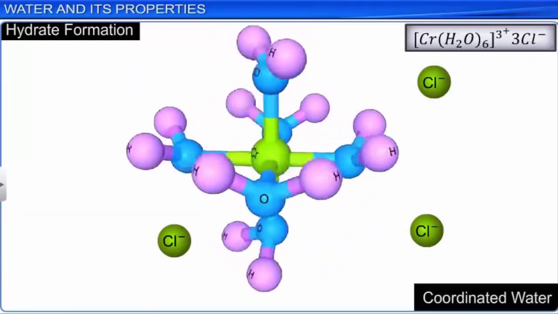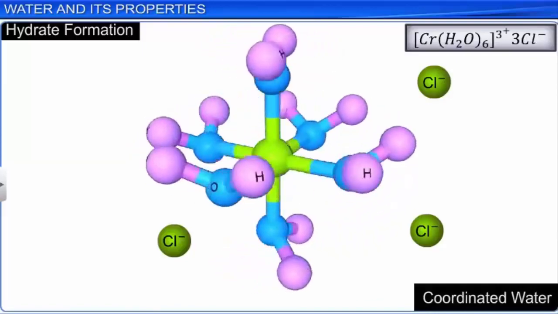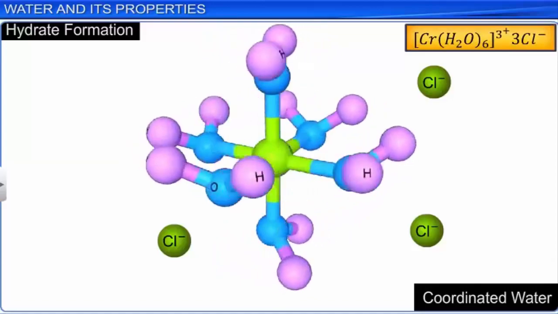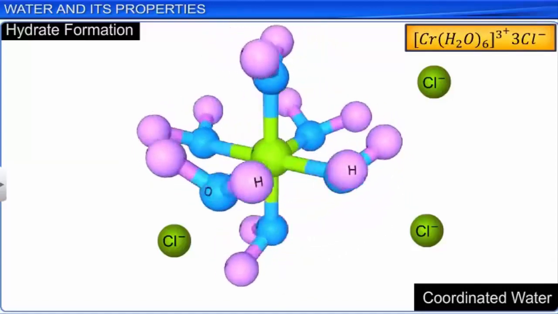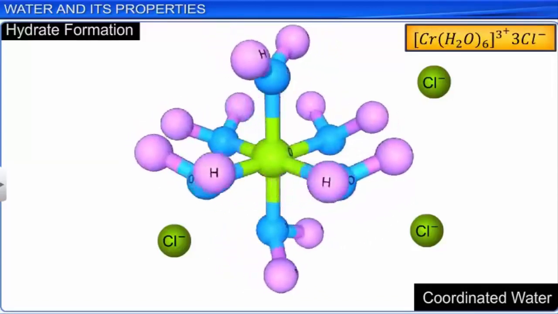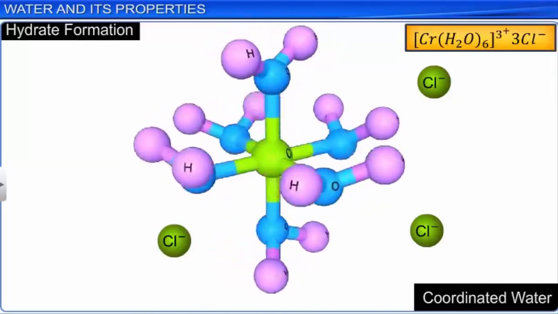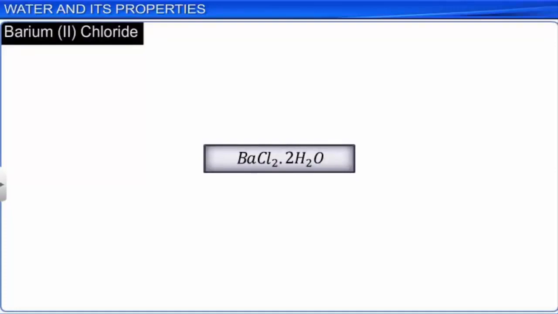For example, in [Cr(H2O)6]3+ 3Cl-, water molecules are coordinated to metal ions in a complex. The second type of hydrates is interstitial water. For example, in BaCl2·2H2O, water molecules occupy interstitial sites in the crystal lattice.